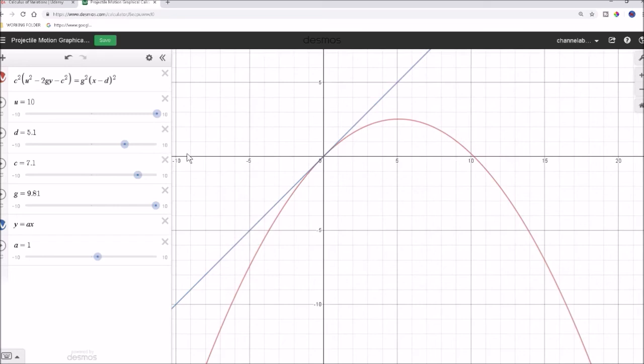And that maximum distance is given by the velocity squared divided by the gravity. Our initial velocity is 10, so it's going to be 100 upon 9.81, which should be a value of 10.2.